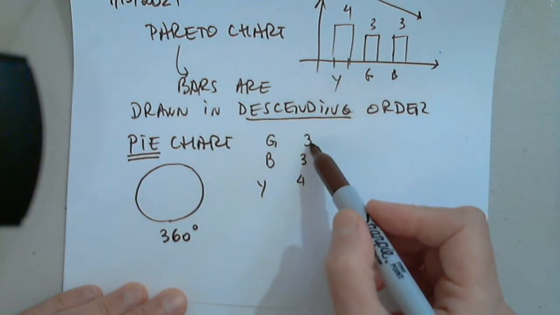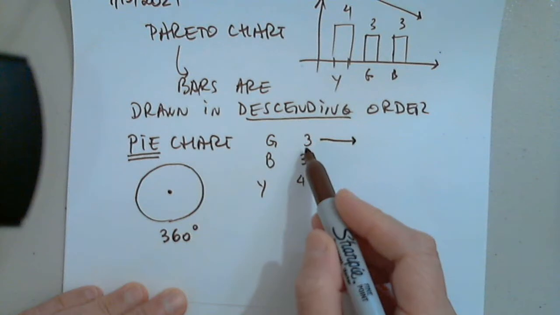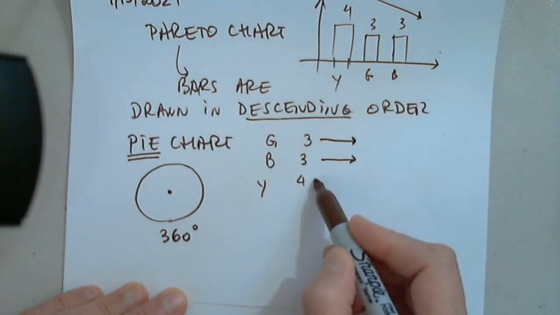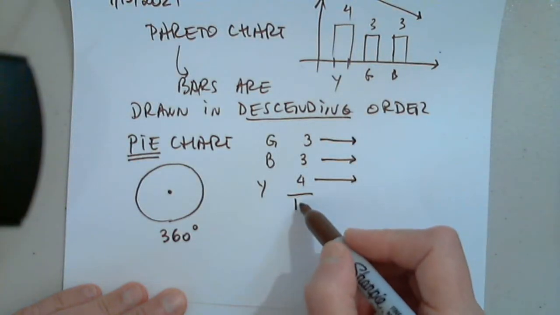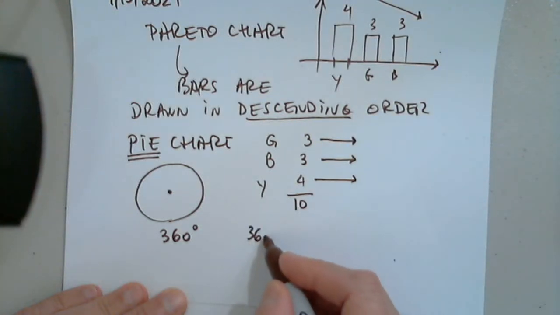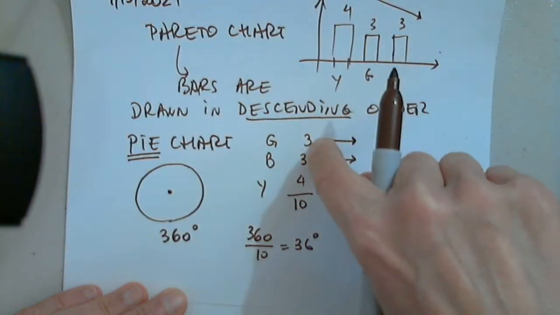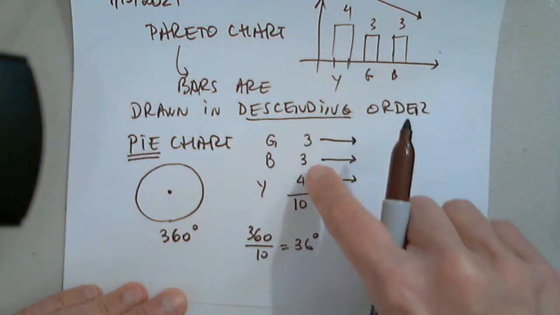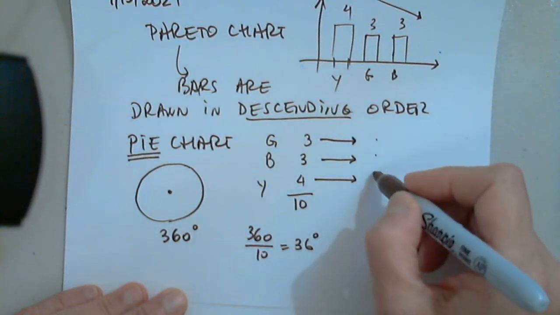So I need to find the central angle representing 3, 3, and then 4. First of all, I know that the sum is 10. So 360 divided by 10 is 36 degrees. And all I have to do is multiply 36 degrees by 3, and 36 degrees by 4.